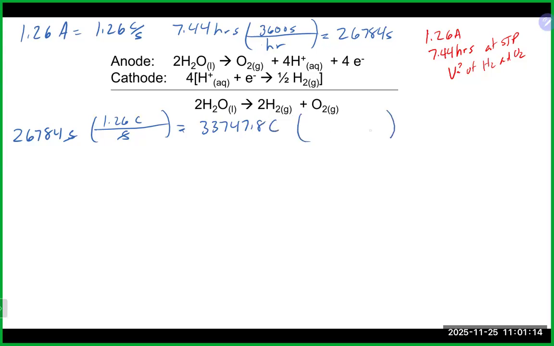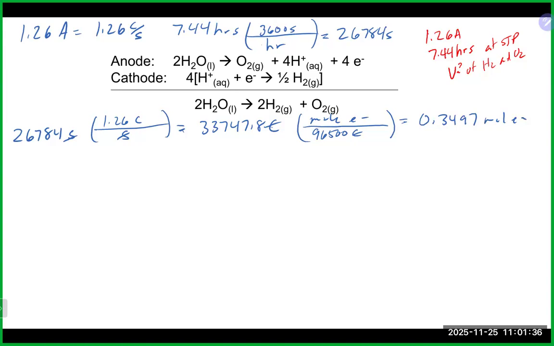Using Faraday's constant, we're going to turn that into moles of electrons, so 96,500 coulombs per mole of electrons. Coulombs will cancel, and we'll divide that by 96,500. Something like 0.3497, we'll call it, moles of electrons.